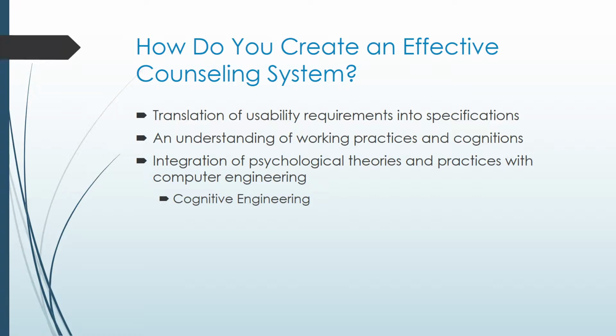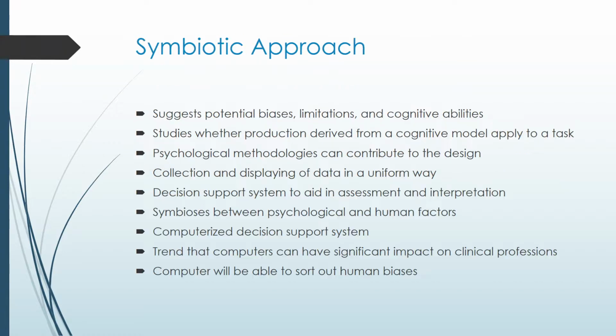And then you also have to have an understanding of the working practices and cognitions of the staff, which plays into that first bullet there. You have to be able to integrate psychological theories and practices with computer engineering, which is basically called cognitive engineering. So all these play together to create an effective counseling system.